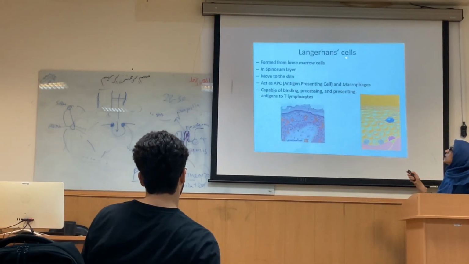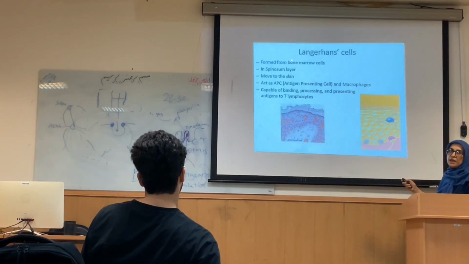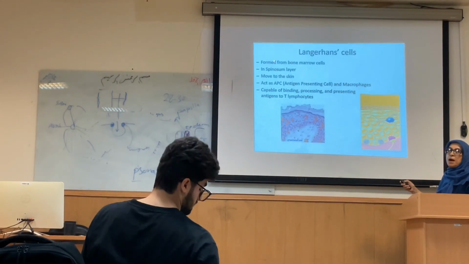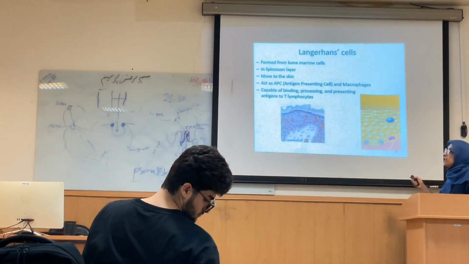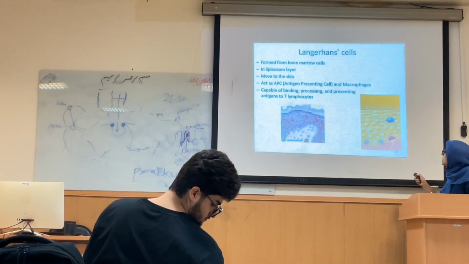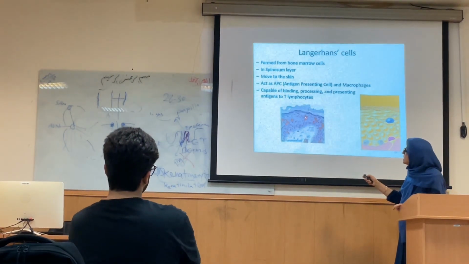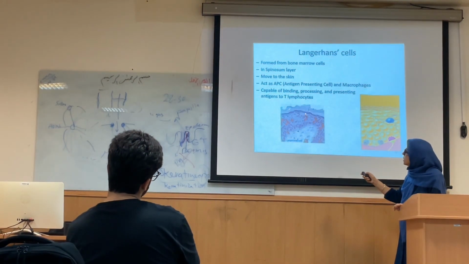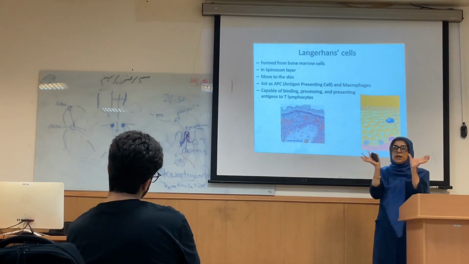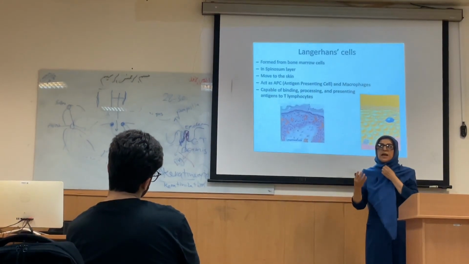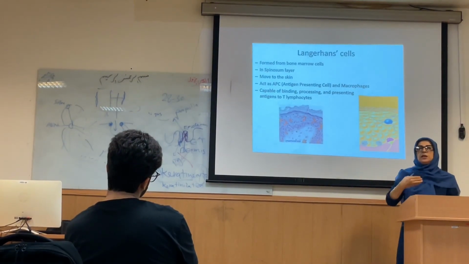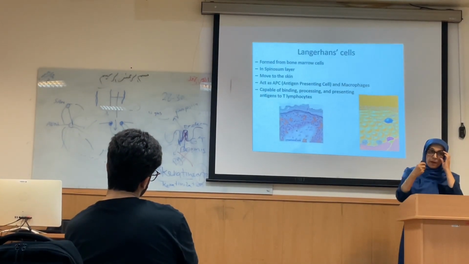Langerhans cells are macrophages of the skin, located in the spinous layer as seen here, and they also have some cytoplasmic processes. Here by immunohistochemistry you can see them as brown color and also showing the brown processes. They are located between the keratinocytes and can identify antigens.